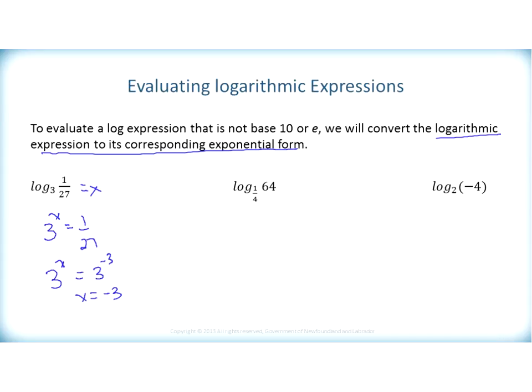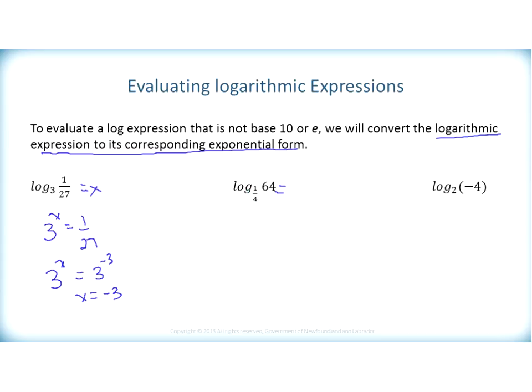So here we have a logarithmic form again. We cannot evaluate this since it's not base 10 or base e, so we must convert it to its exponential form. We can set it equal to x first to help us.